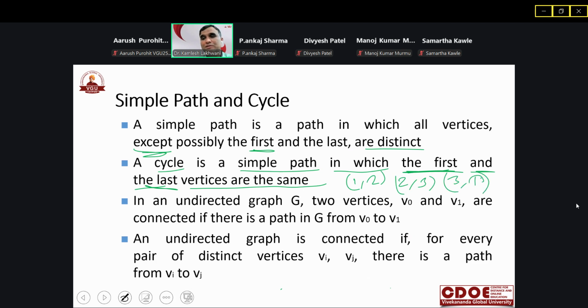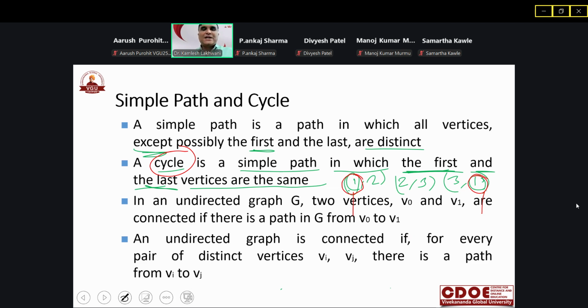So the first node and the last node are same. So that type of path is called a cycle, where the first and the last is same.